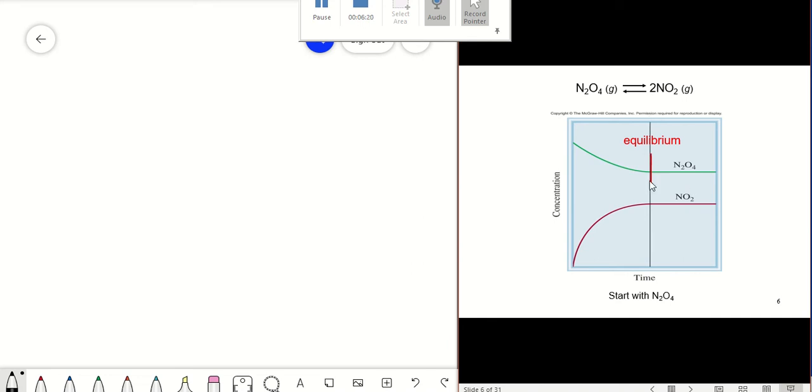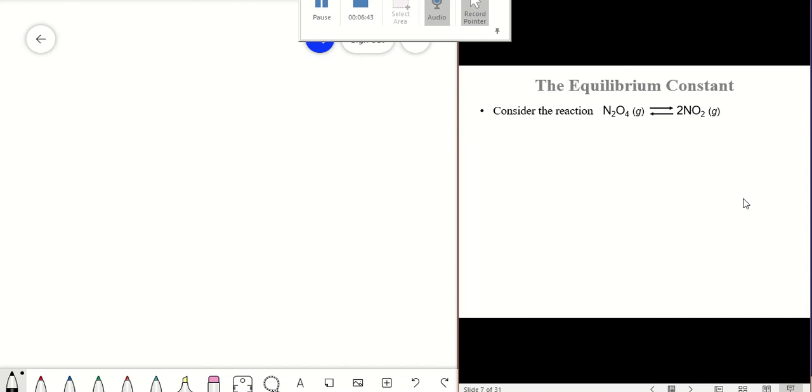And this state right here is called the state of equilibrium. After this, the concentration of N2O4 is going to stay the same and the concentration of NO2 is going to stay the same. So you can see right here, they're not equal to each other. The only thing that has happened is they're not changing anymore. So this is called the state of chemical equilibrium, right?